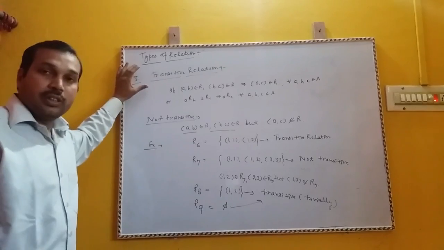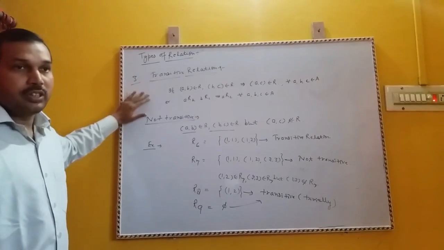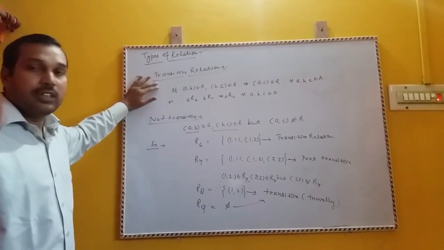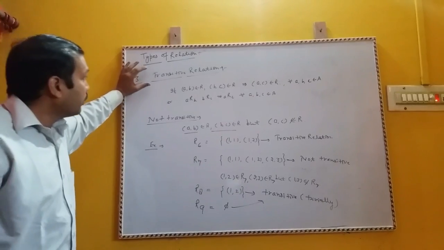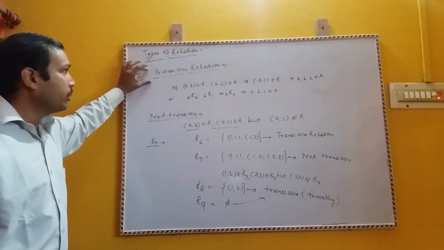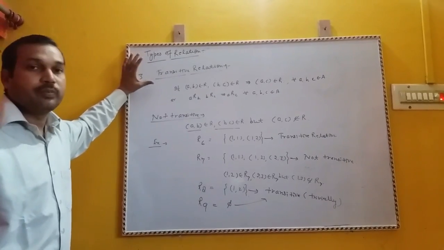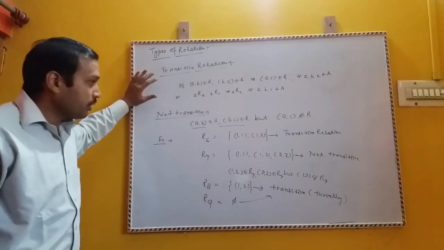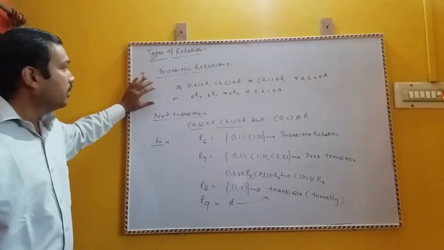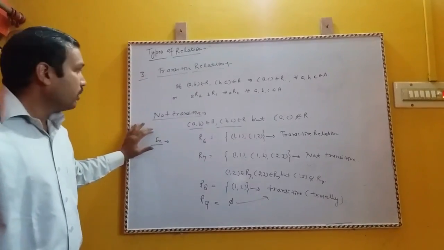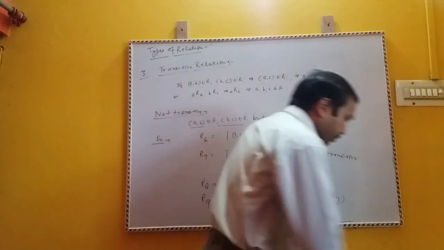It is not necessary that if a relation is reflexive, then it is symmetric or transitive. All the three types of relation, reflexive, symmetric and transitive, are independent in nature. If a relation is reflexive, then it is not necessary that it may be symmetric, it may or may not be.